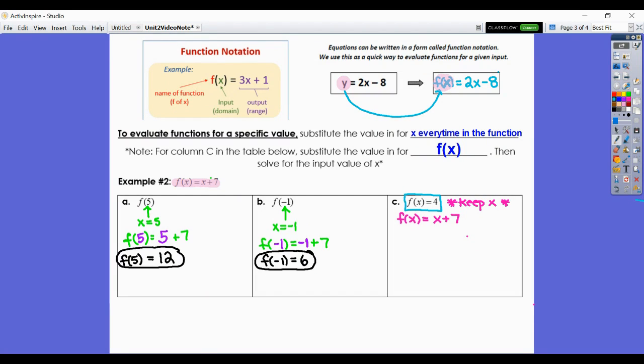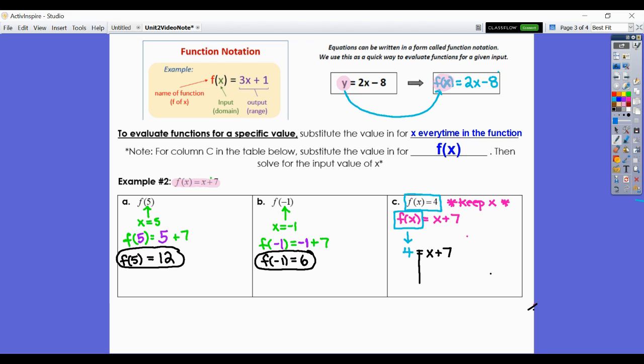So I'm going to take f of x and replace it with what it's equal to, which is 4. I just read out loud that f of x equals 4, so I can swap out the whole f of x term into 4. From here, because I'm keeping x, I have to solve for x.